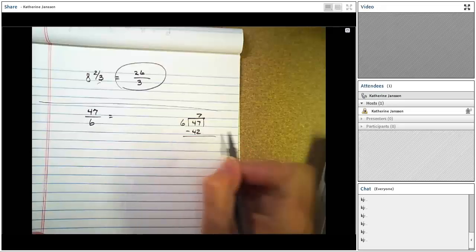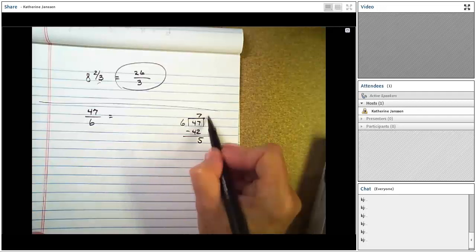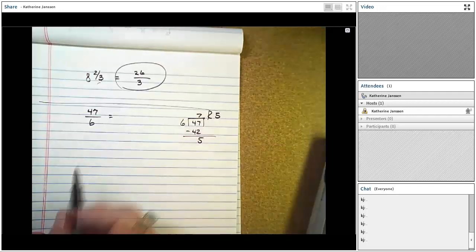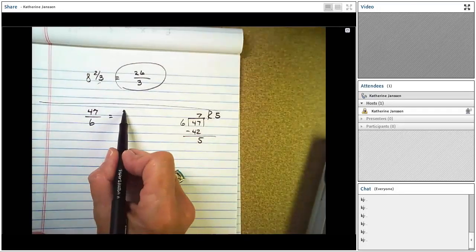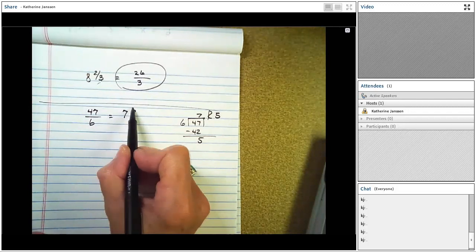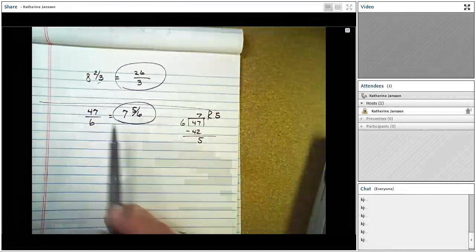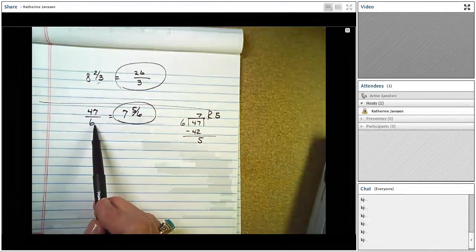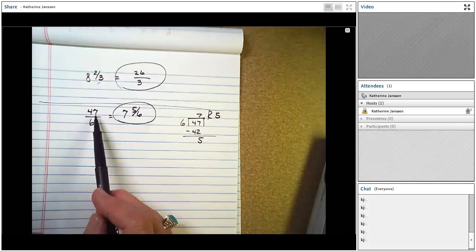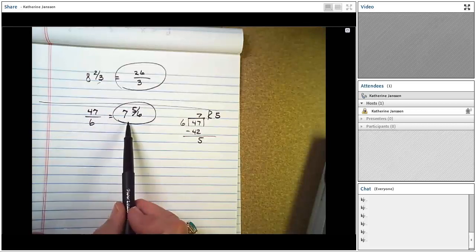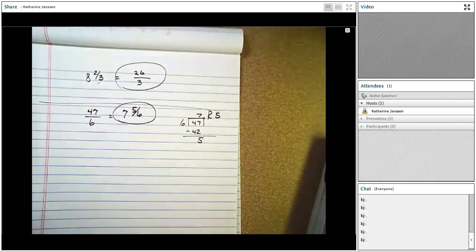Subtract to find your remainder of 5. So 47/6 is 7 5/6. 47/6 is improper fraction format, converted to its equivalency in mixed numeral format.